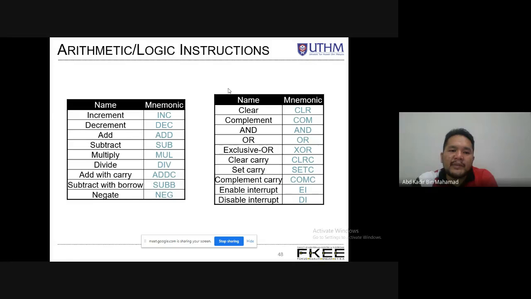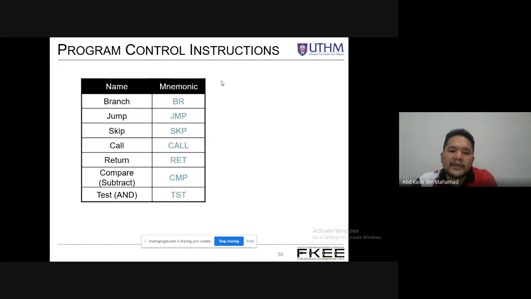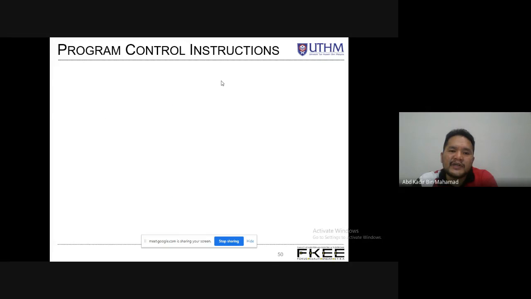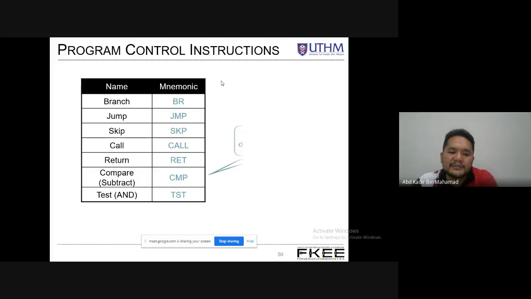For arithmetic logic instructions: increment, decrement, add, subtract, multiply, divide. You can notice they have many arithmetic logic instructions, and it's based on the technology that you use. They have many, even for the branch.